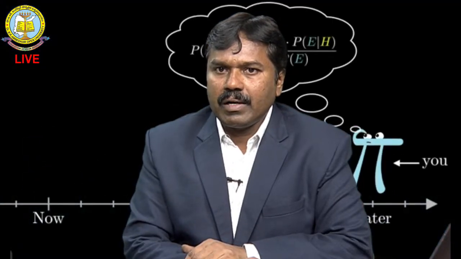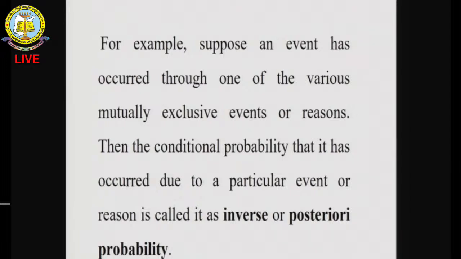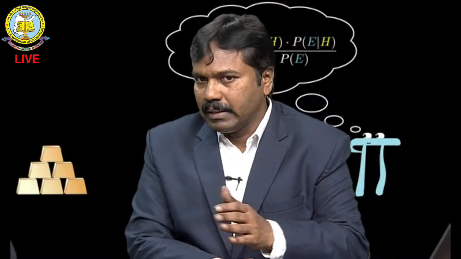For example, suppose an event has occurred through one of the various mutually exclusive events or reasons, then the conditional probability that it has occurred due to a particular event or reason is called an inverse or posterior probability.